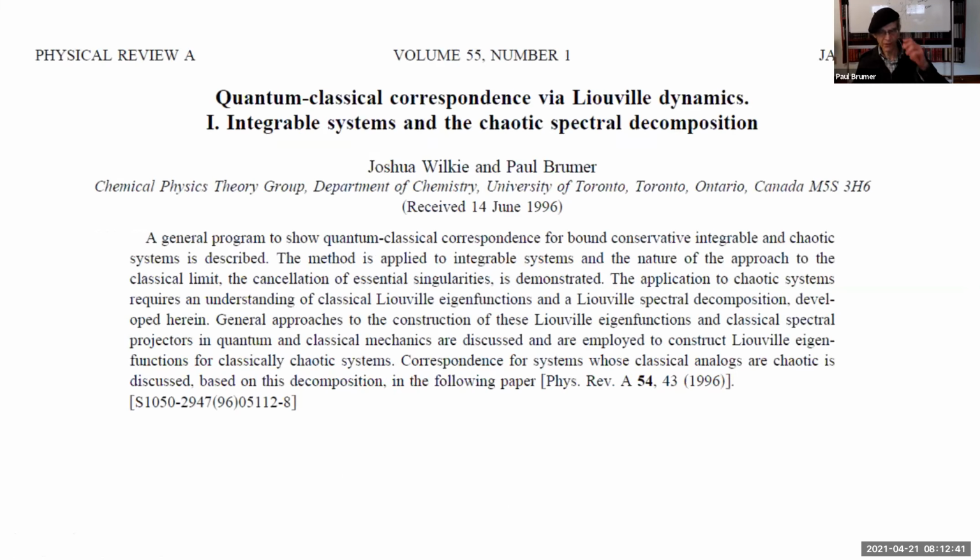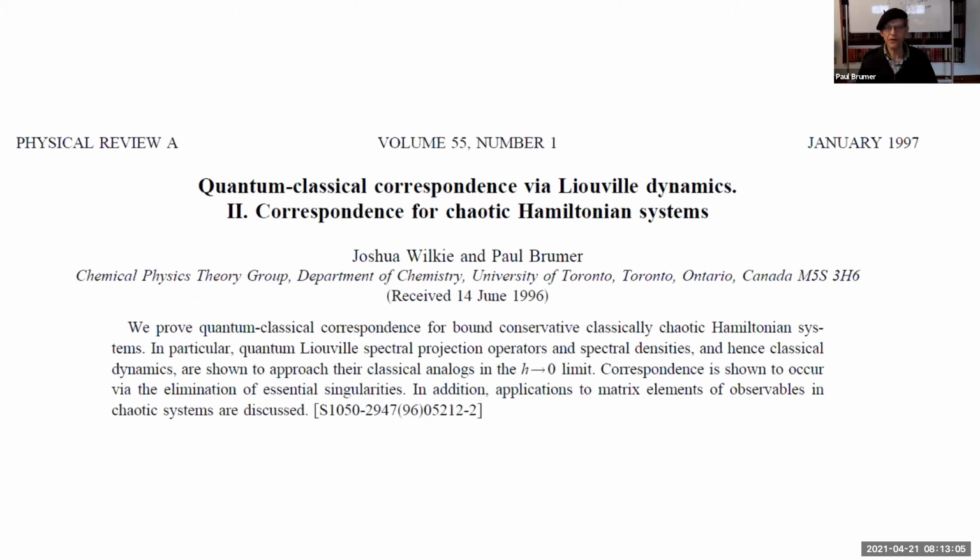And this is where I'm forced in a way to just sketch the papers. One of them was this one, and you see it's an old paper, but nevertheless, I think this stuff was beautiful, still beautiful, and well worth going back to. So we established it in this paper and in a second paper on correspondence for chaotic Hamiltonian systems.